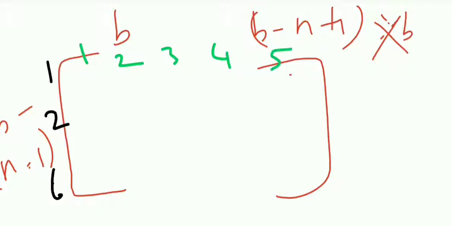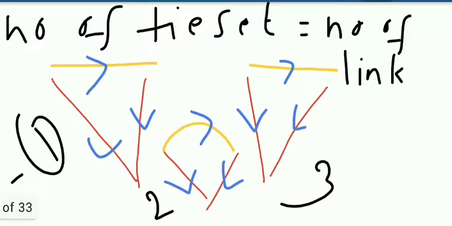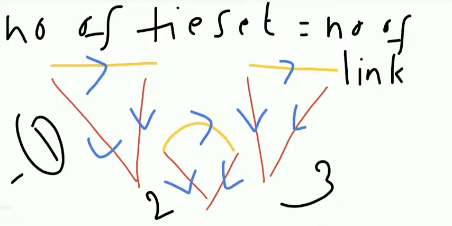So let us go to the first tie set. You see this fundamental loop. How to fill the elements of the matrix? If the branches are going along the direction of the link, you add plus 1. If the branches are going opposite to the direction of the link, you add minus 1.